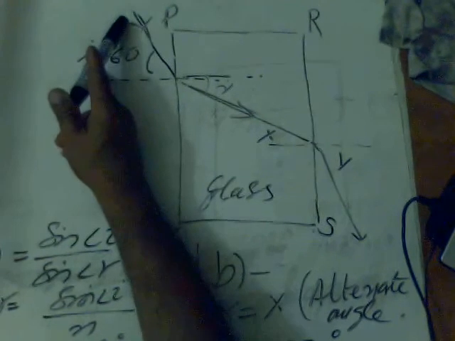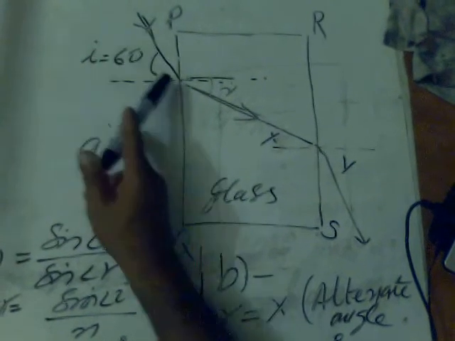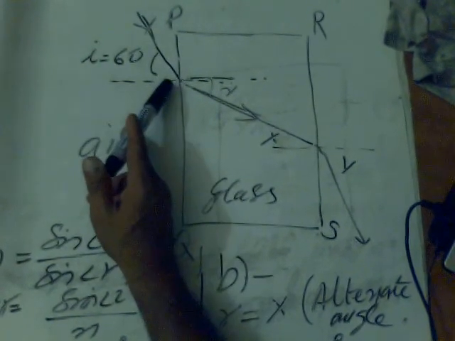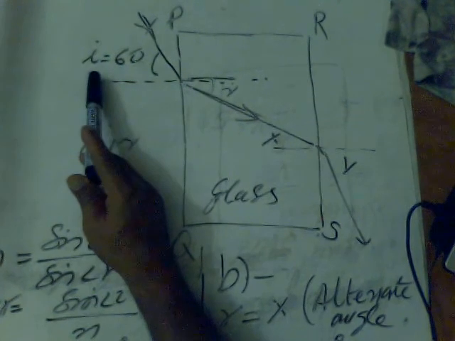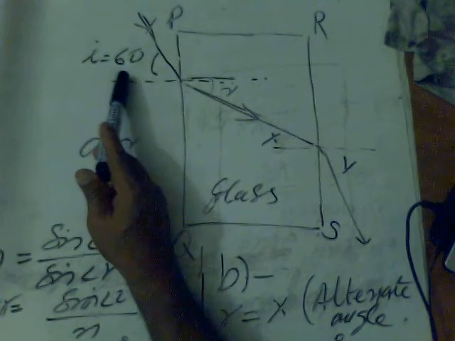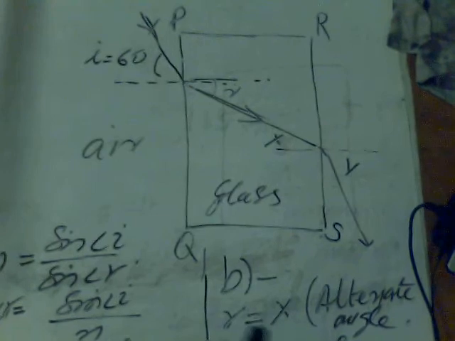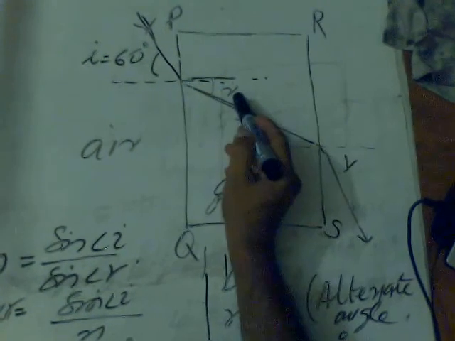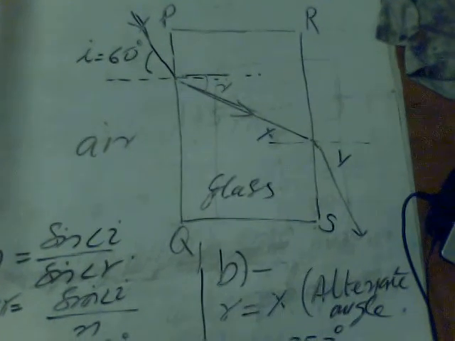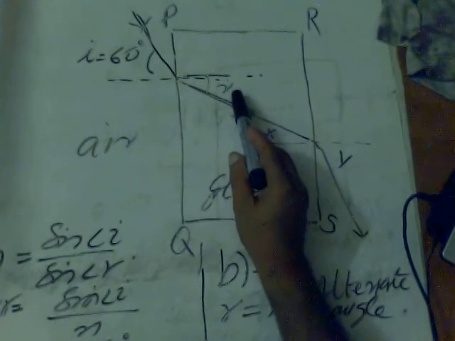One light ray enters the glass slab at the angle of incidence I equal to 60. In the first part, we have to find the angle of refraction. This angle we have to find out.